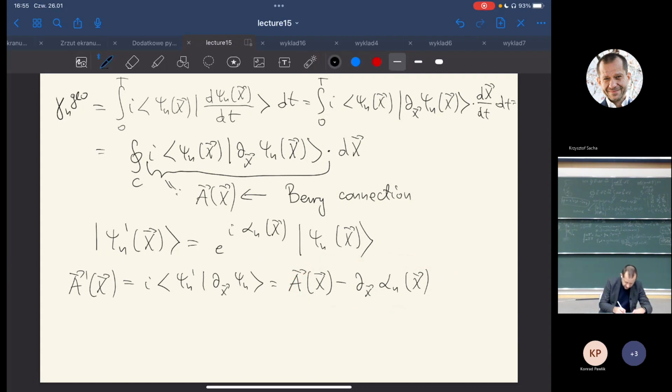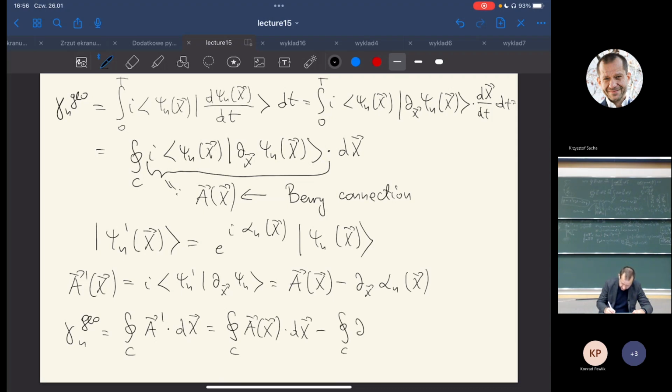However, when we calculate the geometric phase, which is simply the Berry connection integrated over the closed loop, after the gauge transformation it can be expressed as the Berry connection before the gauge transformation minus the following integral.